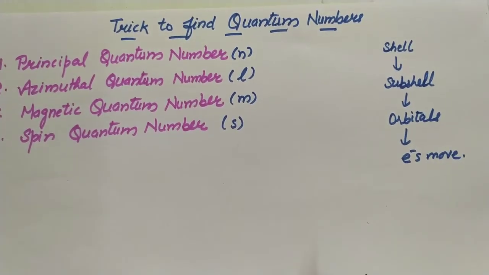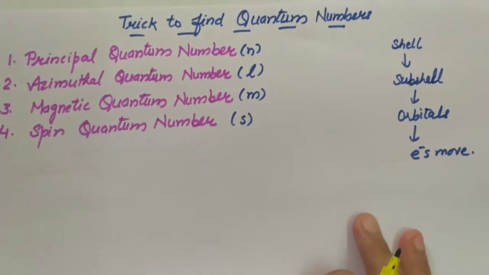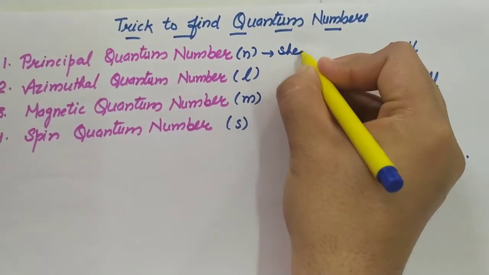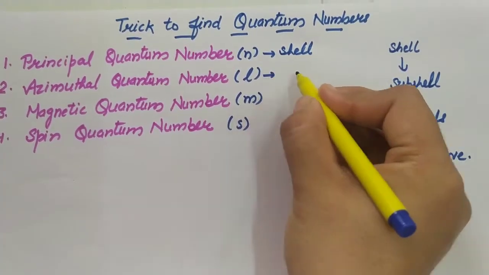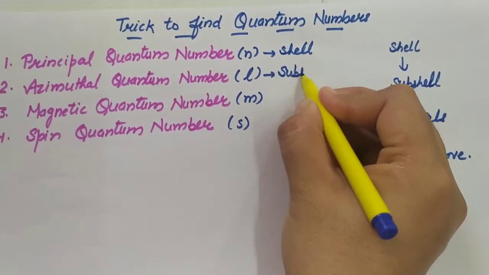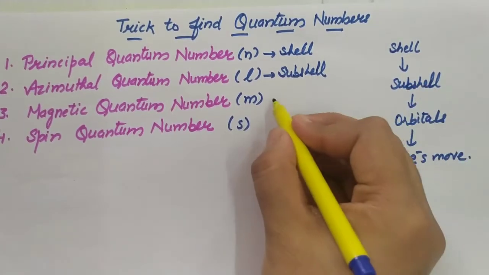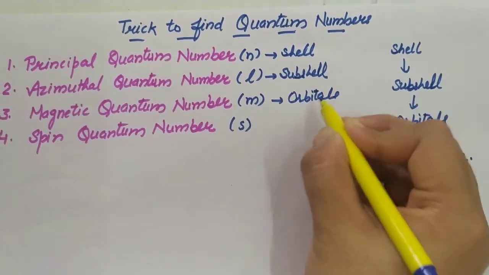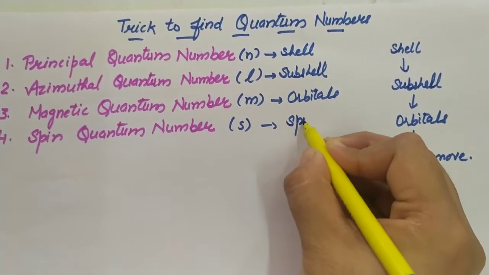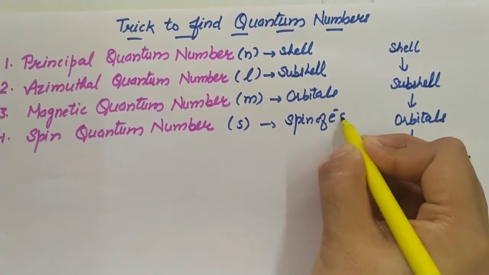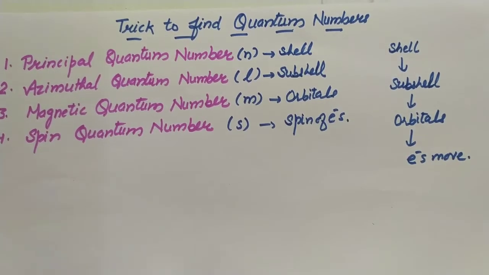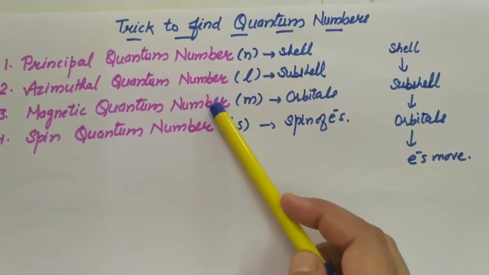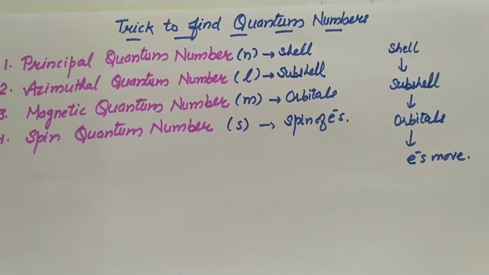And these are the four quantum numbers. How? n represents shell and l represents subshell, m represents orbitals and s represents spin of electrons. Okay. So there are four quantum numbers which are principal, azimuthal, magnetic and spin quantum number.